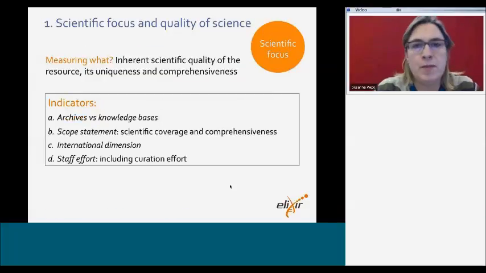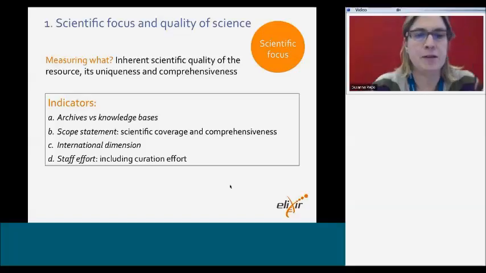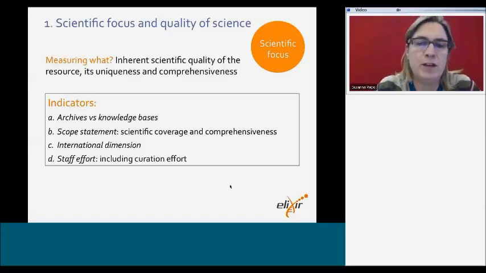So we're talking about the quality of science and scientific focus. Basically, what we would need to know is, is this an archive or is it a knowledge base? And by that we mean, does this resource take submissions of de novo data? That would be an archive. Or is it a resource that really combines a number of factors together to make a knowledge base?